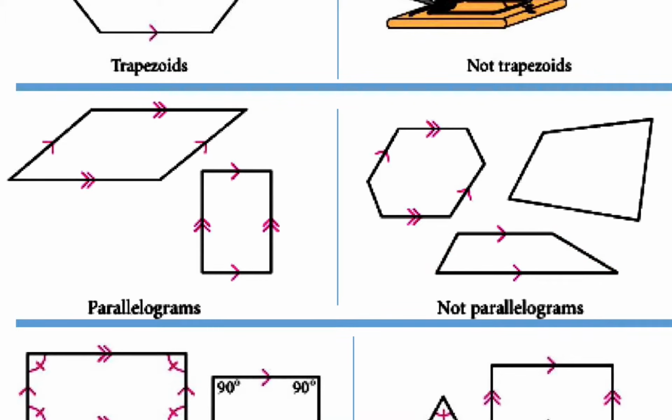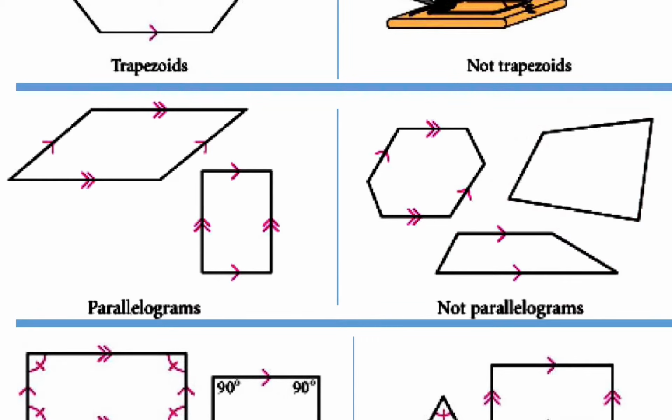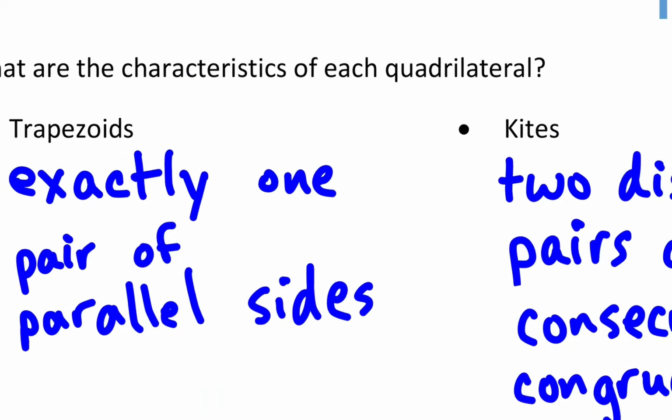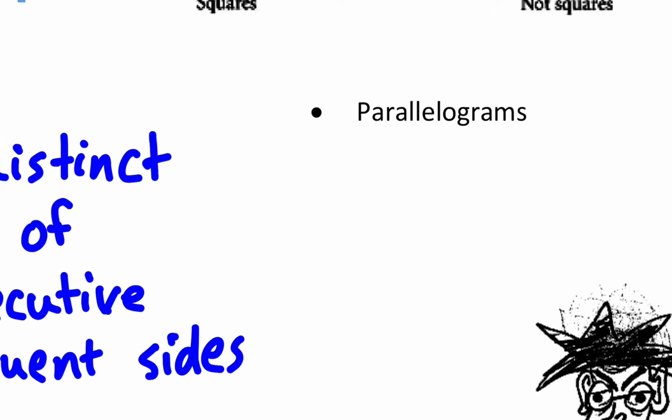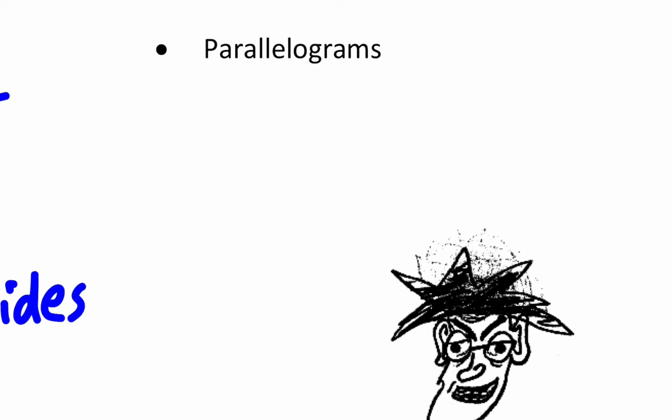These sides are not parallel, so it can't be a parallelogram. In this, no sides are parallel. So that cannot be a parallelogram. So when we talk about the characteristics of parallelograms, we know that it's a quadrilateral and it has to have two pairs of parallel sides.